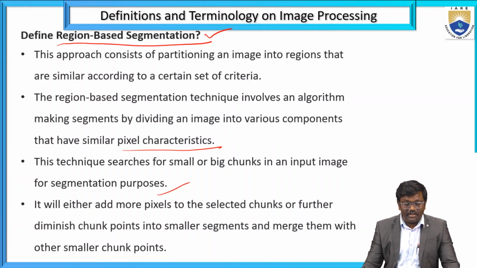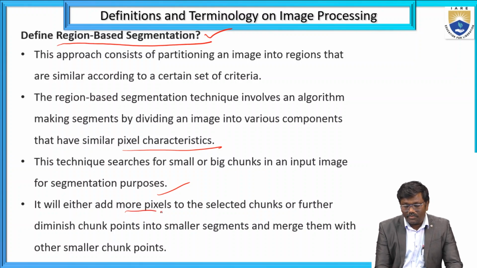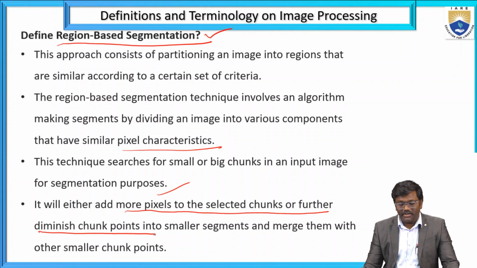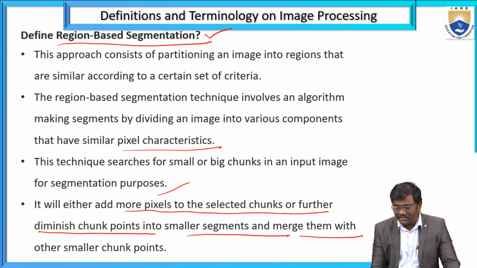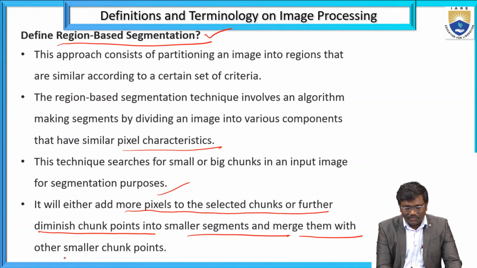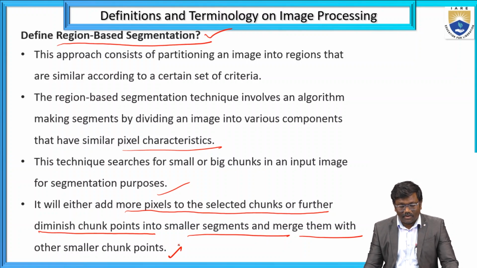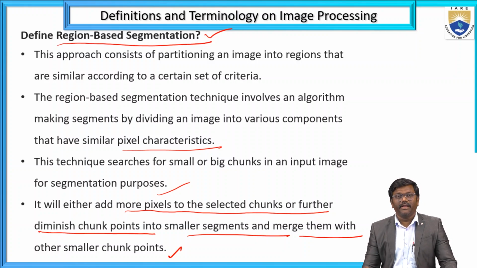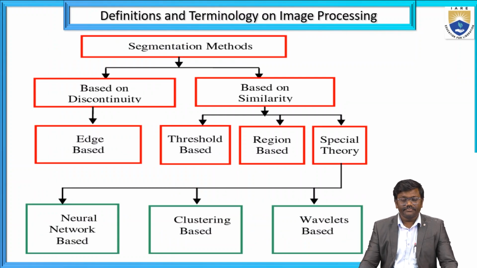We either add more pixels to the selected chunks, or split them further into smaller segments and merge them with other smaller chunks. That is the technique that can be applied for region-based segmentation.